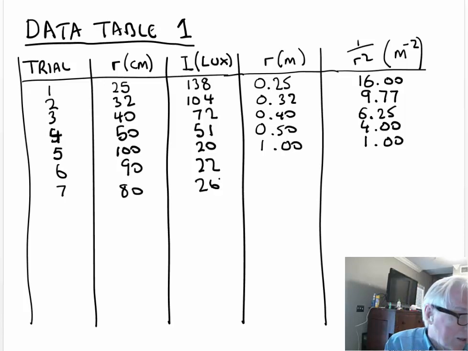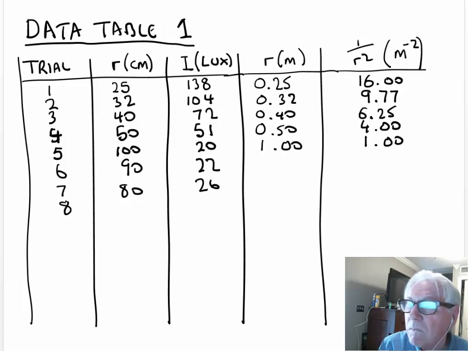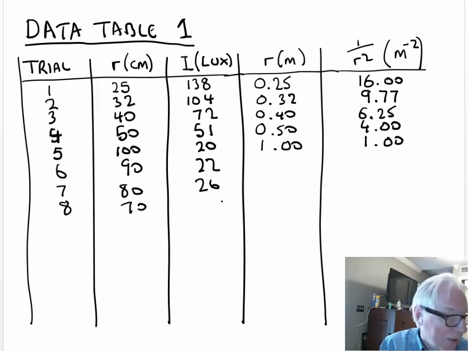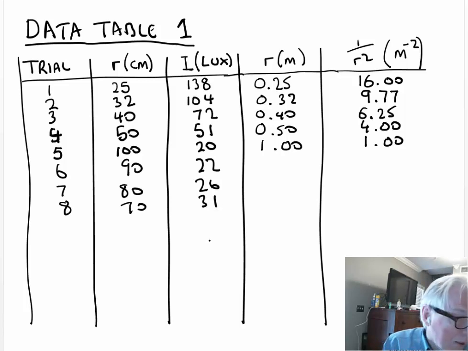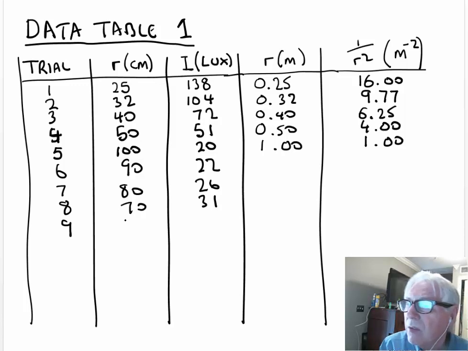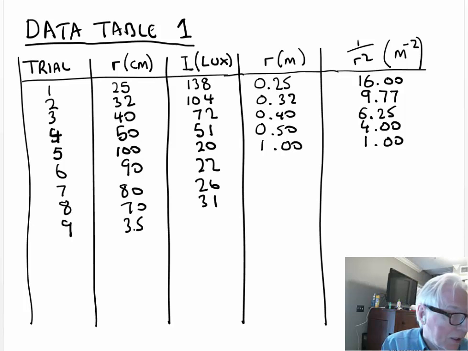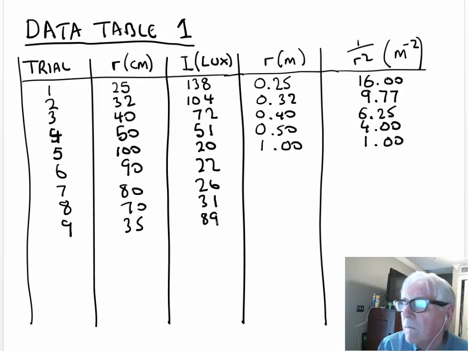And then 8 is going to be 70, and that's going to be 31. And then 9 is going to be, jump to the other end, 35, and that's going to be 89. And let's do those.